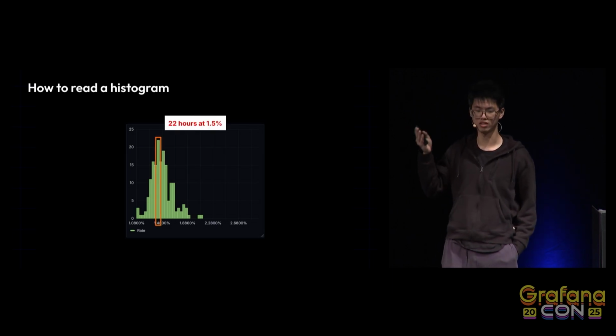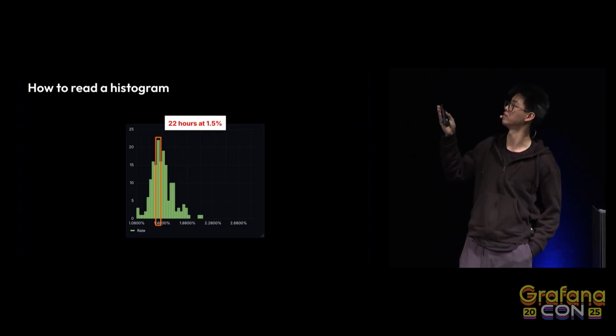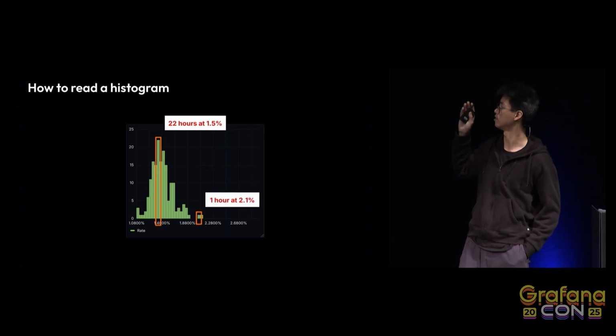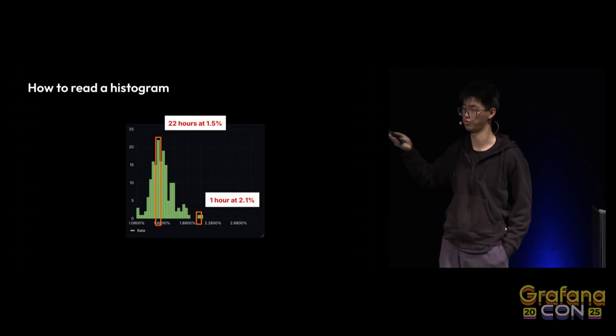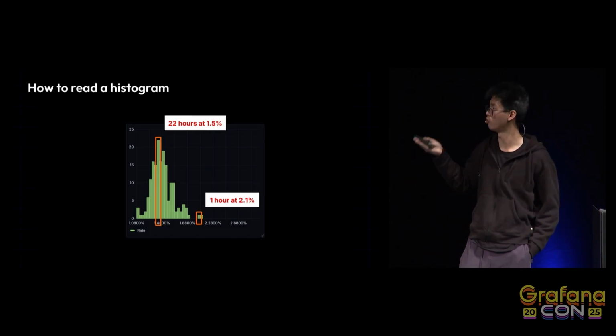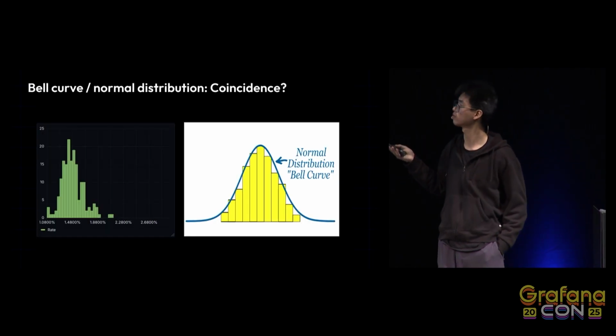This basically tells you that in the past 7 days, the metric was at 1.5% for 22 hours, and it was at 2.1% for just 1 hour. This just shows the frequency of each possible value.